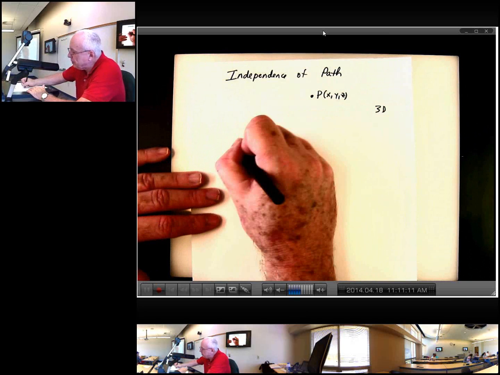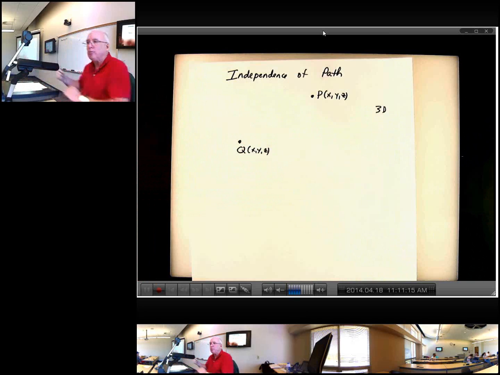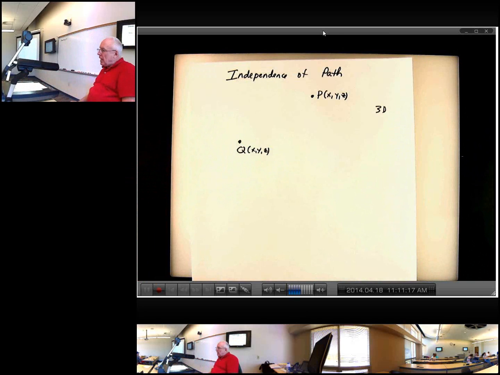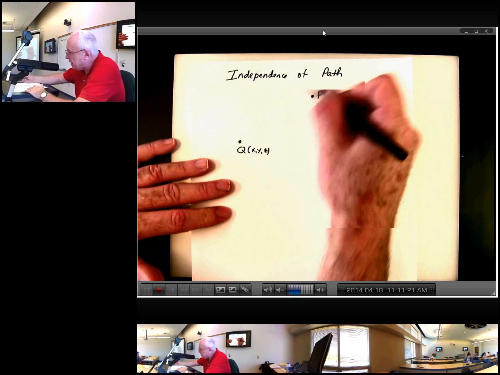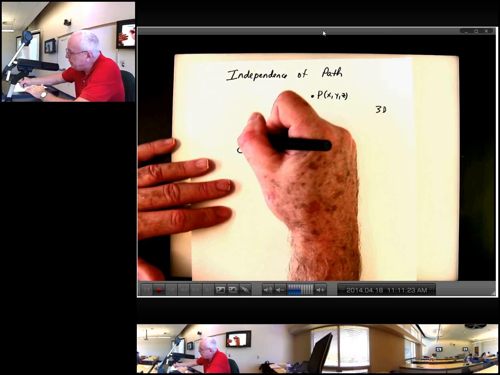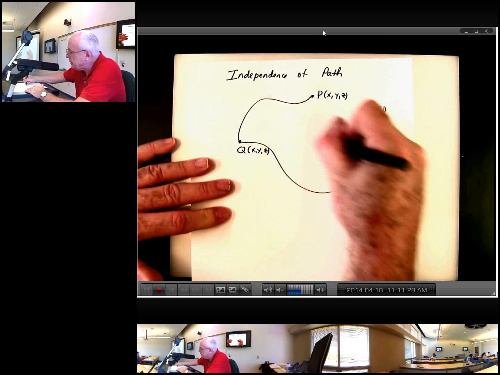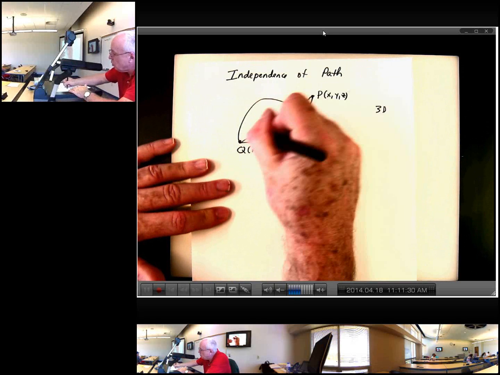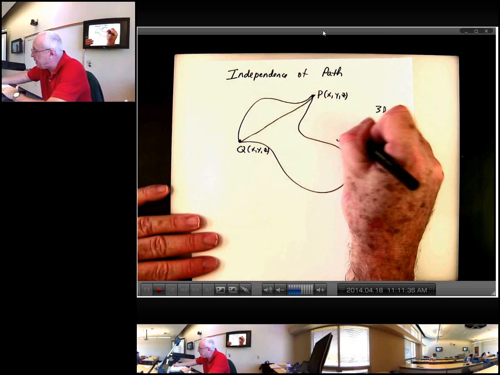And we have a point here, we'll call it Q of X, Y, and Z, some other point. No matter what my path is from Q to P, it could be like this, or like this, or more direct like this. All of those are called different paths.